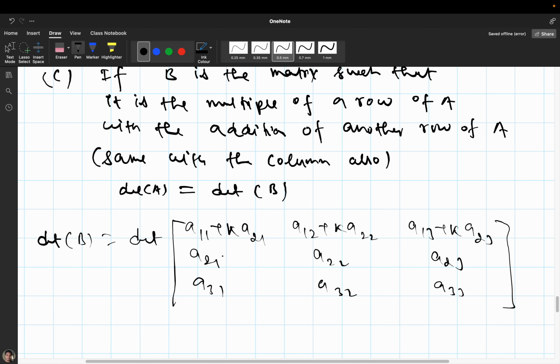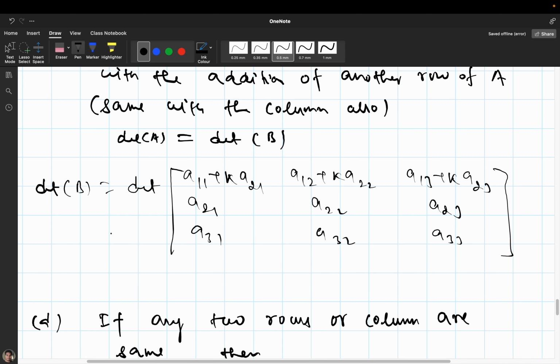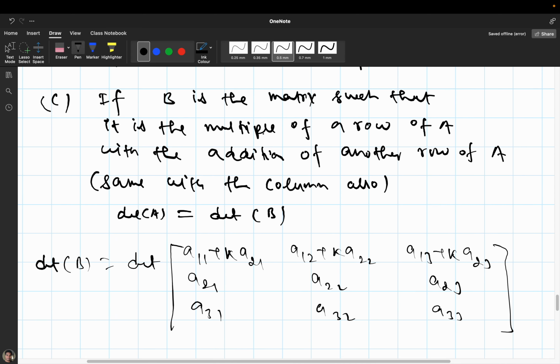I'm just multiplying K times this row and adding it to this row, so that will become the determinant of B. Is it correct?